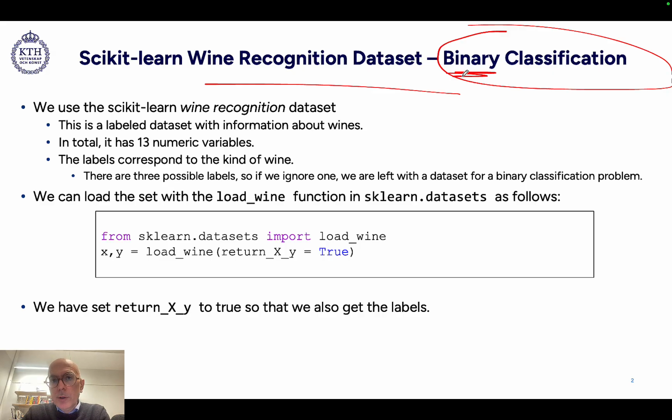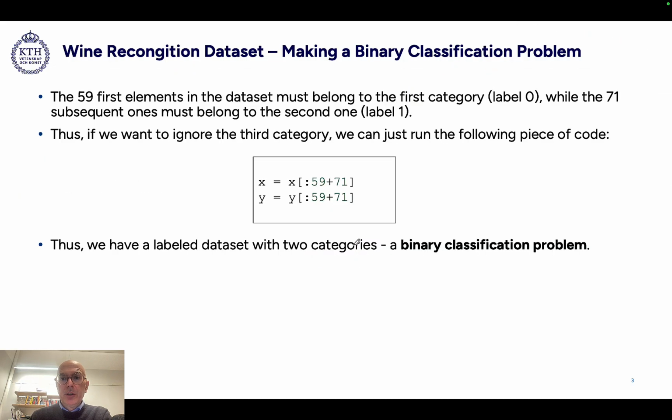In order to load the dataset, we can just call the function load_wine, and we set return_X_y to true, so that we also get the labels in y. The wine recognition dataset needs a little bit of pre-processing because we want a binary classification problem.